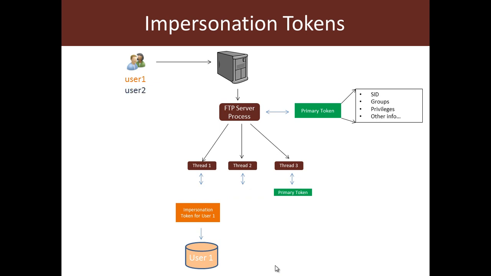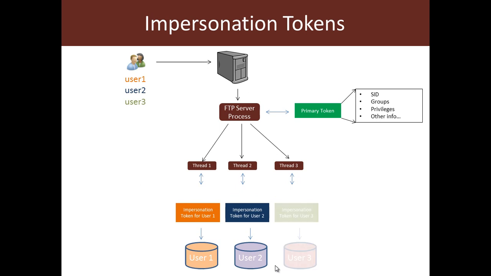Similarly, user 2 and user 3 would log in, and the different threads servicing them would obtain impersonation tokens using which they are able to access resources for all of these users. So very simply put, an impersonation token is a mechanism by which a process or a thread can temporarily assume the identity of some other user on the system, different from the user creating the process.